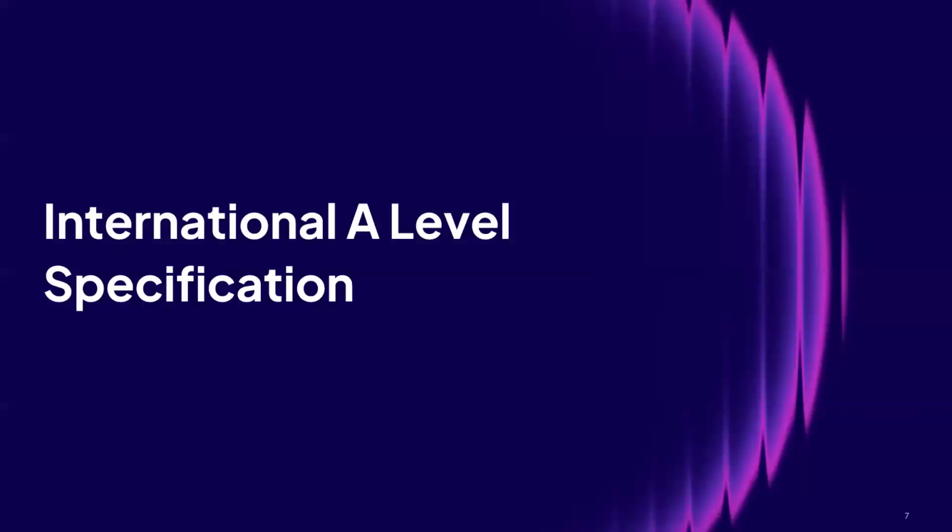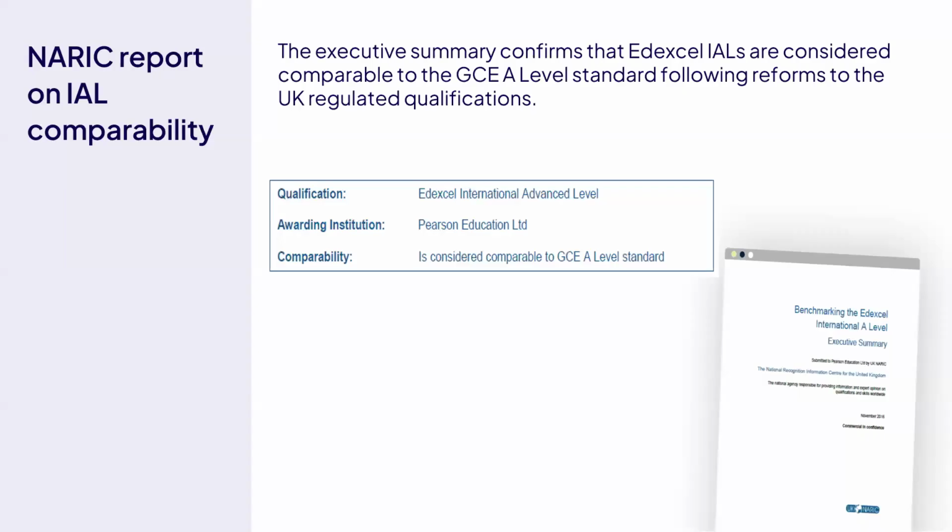Now, we're going to just have a look at the international A-level specification. It's important to understand that the executive summary for the international A-level is that it's a qualification that's considered against benchmarks to match very closely with the UK A-level in terms of its level of demand.